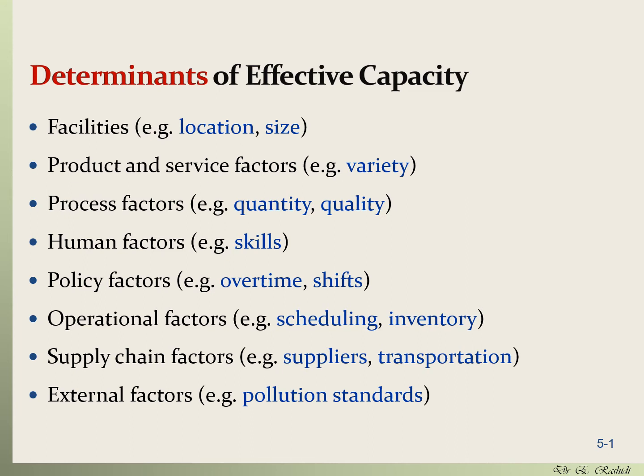It doesn't matter if it's German car manufacturing, overall European car manufacturers, or Japanese or American. We have right now pollution standards that are popular in any continent and country. So these manufacturers have to consider that, and that's going to impact their effective capacity.